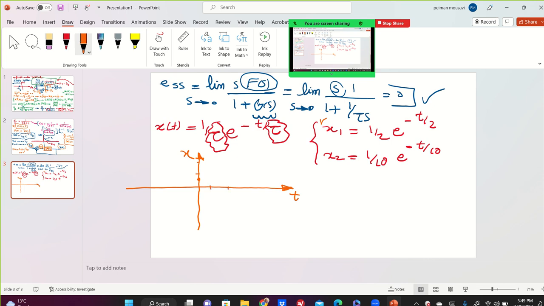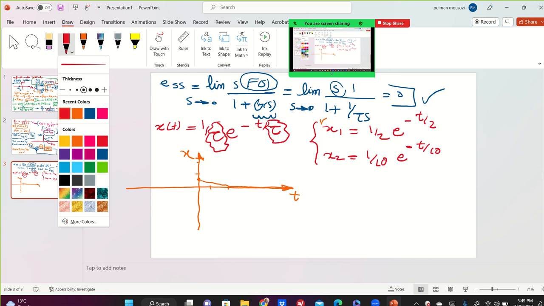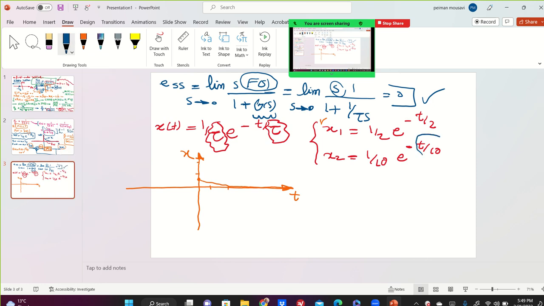At t equal to 2, it's becoming a very small value. But for the other one, it takes 10 seconds to become the same e to the minus 1. So you're going to have this. It's going to come here, and it takes much longer until it goes to 0. So this is slower to settle down than this. This is slower than this.